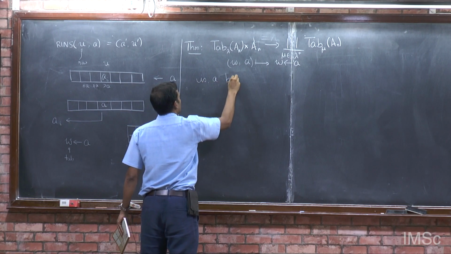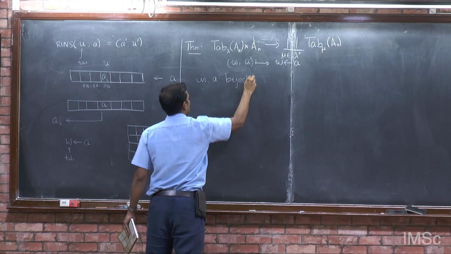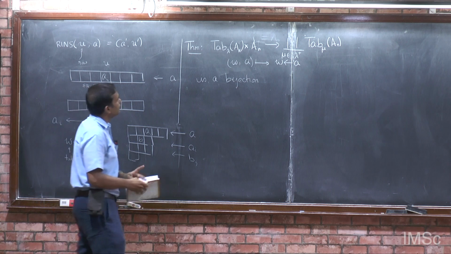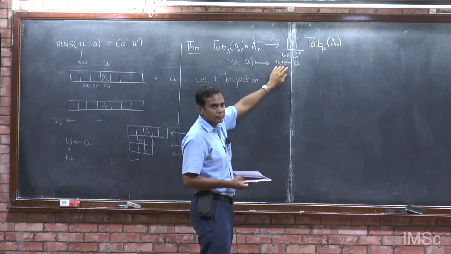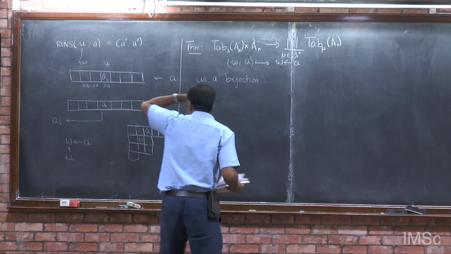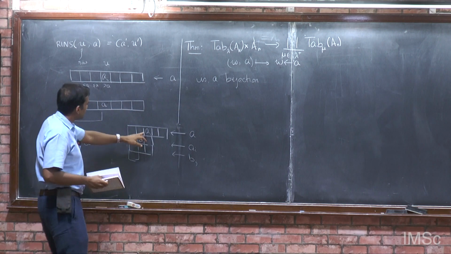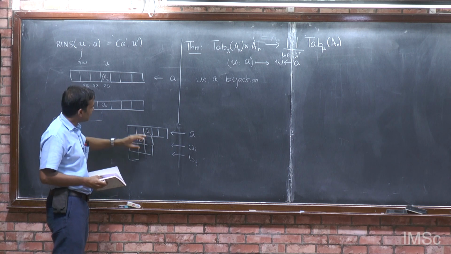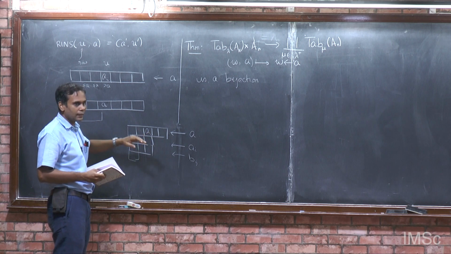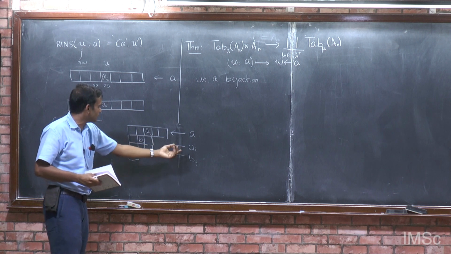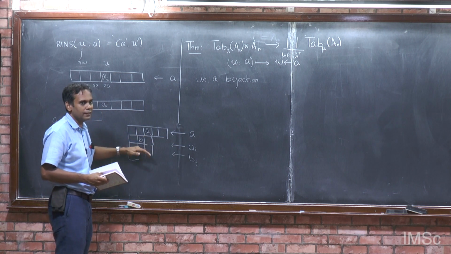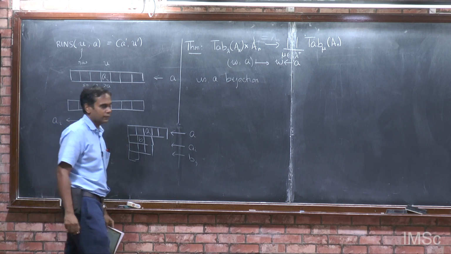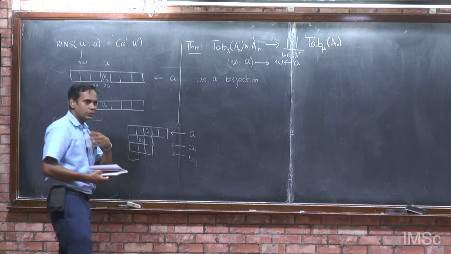In order to prove this, I need to establish two things. Firstly, I need to establish that this is itself a tableau. Basically, this is disturbing some part of each row and then some part of the next row and so on. I will just take two rows and see what happens, and then it's recursive, so the next two rows will be taken care of in a similar manner. I will just give you the gist of the argument.